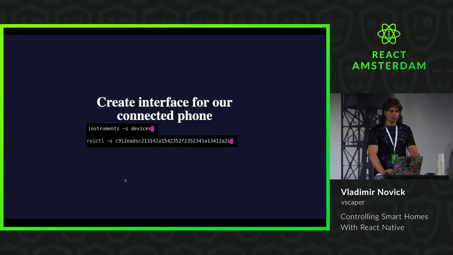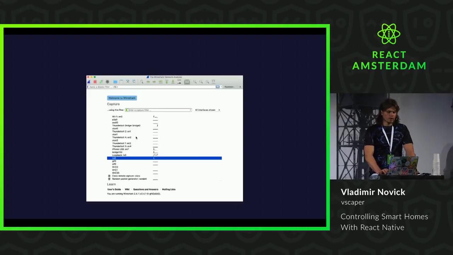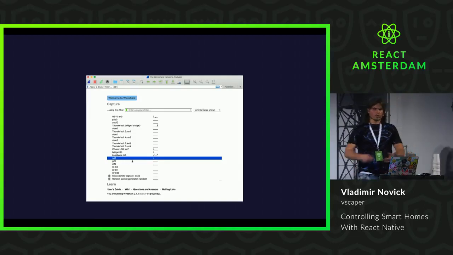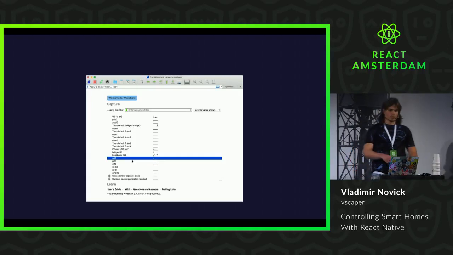Then from that call, we get some kind of ID. We run rvictl with the ID, then ifconfig, and when we open Wireshark, we have the interface present, and we see that packets are sent over this interface. Again, everything when the phone is connected.